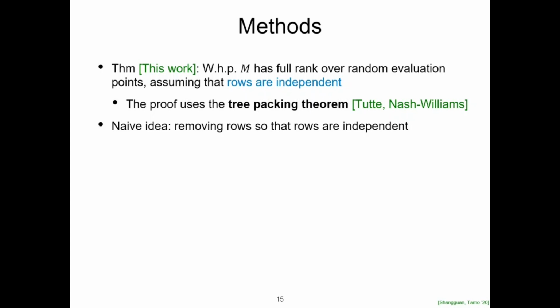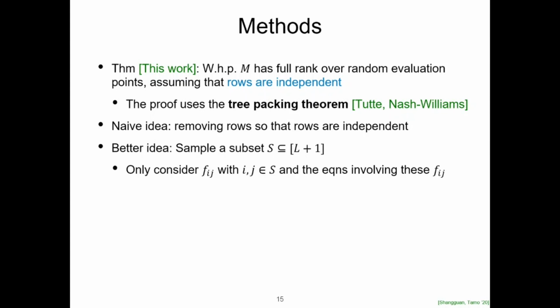So after removing these rows, the rows become independent. However, this would remove too many rows, and as a consequence, the result is not good enough to beat the Johnson bound. And a better idea is to first sample a subset S of the set of codewords and replace the set of codewords by this subset.